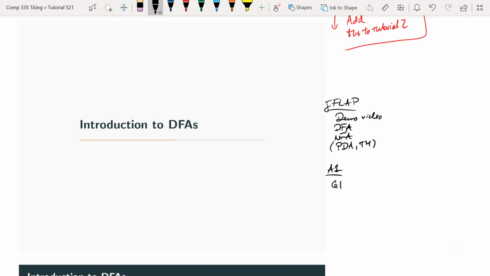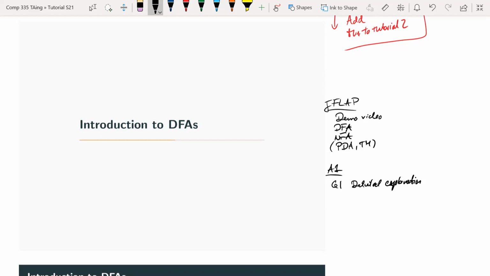Question 1 is determining what language is accepted by each DFA, and we'll talk about that in a second. For question 1, it's really important that you give a clear and detailed explanation. Just writing what the language is won't be enough to give you full marks. You actually need to write why you think it's that. That's an important point that I wanted to let you know.